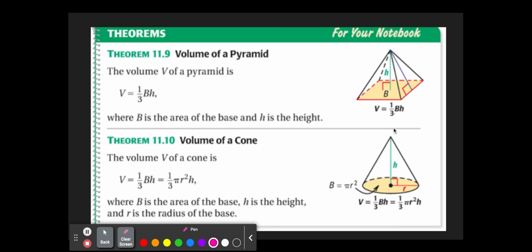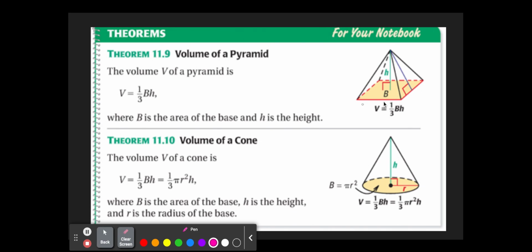It works out that a pyramid is going to be exactly 1/3 the volume of a prism that would have had the same base. So if I had instead gone like this and made this a prism, what's happening in here, this pyramid, is exactly 1/3 of the volume.